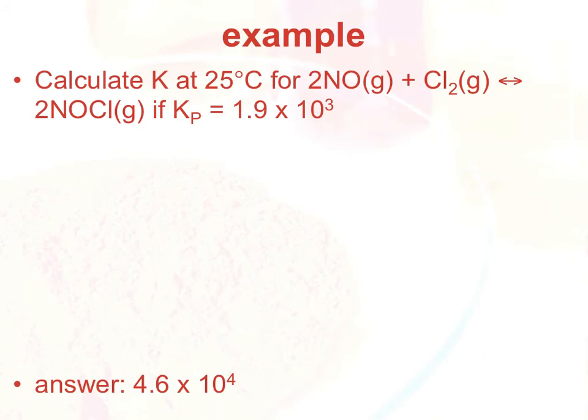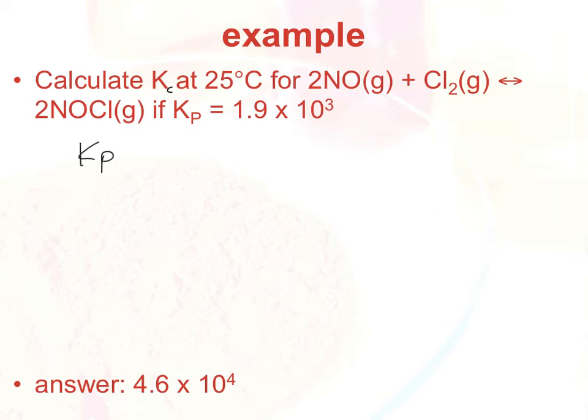Okay, so we've been asked to calculate our K value. When they just give you the generic K, we know that they're talking about our equilibrium constant with respect to concentration. So calculate Kc at 25 degrees C for the following reaction if Kp is this value. We've been given our Kp, and we know that we need to interconvert between Kp and Kc.